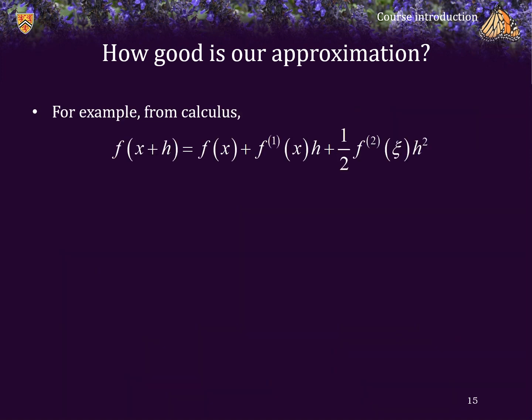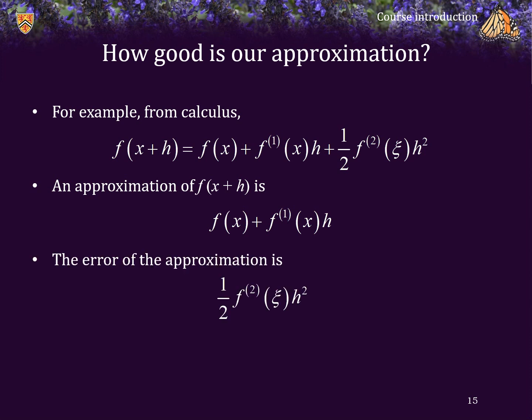So, for example, from calculus, you already know Taylor series. So f at x plus h is equal to f at x plus the slope at x times h plus an error term. Thus, an approximation of f at x plus h is f at x plus the derivative times h. The error of the approximation is the error term.